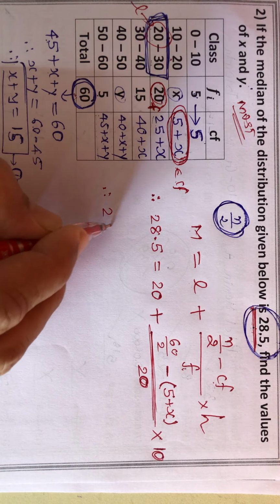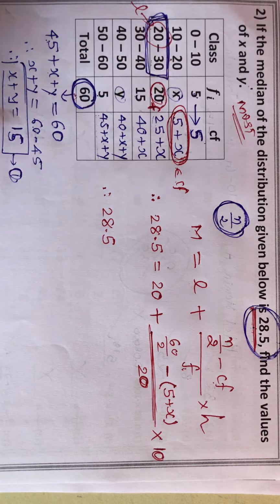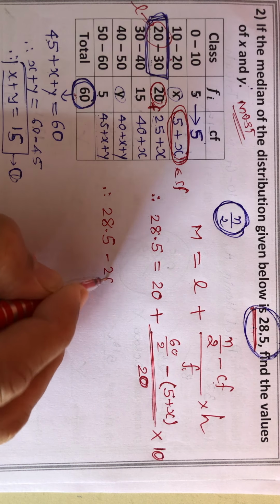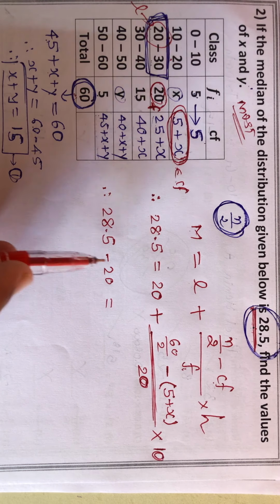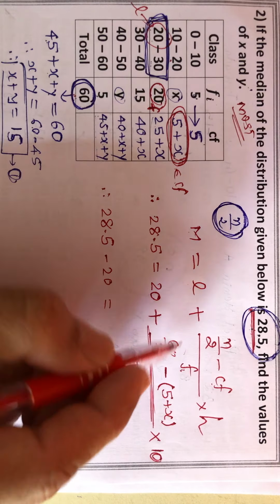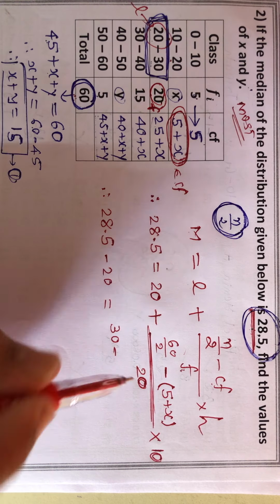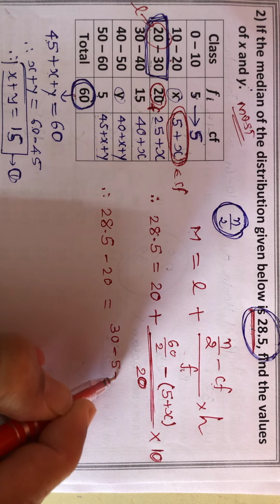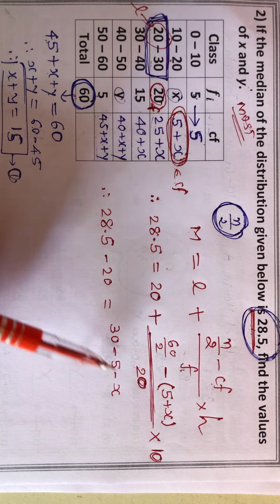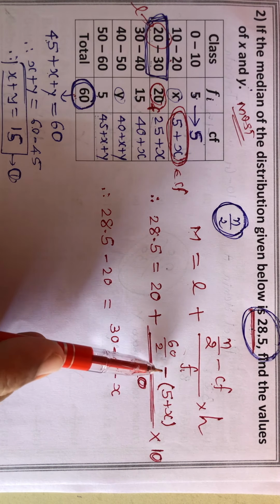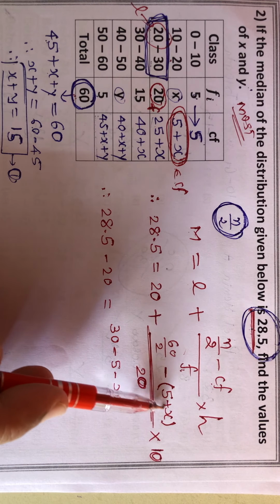Now 28.5 plus 20 becomes minus 20 because it goes to the left hand side. 28.5 minus 20 equals 60 by 2, that is 30. Open the bracket here, so minus 5 minus x. Please concentrate here. Outside of the bracket minus is there, so compulsory change the sign.